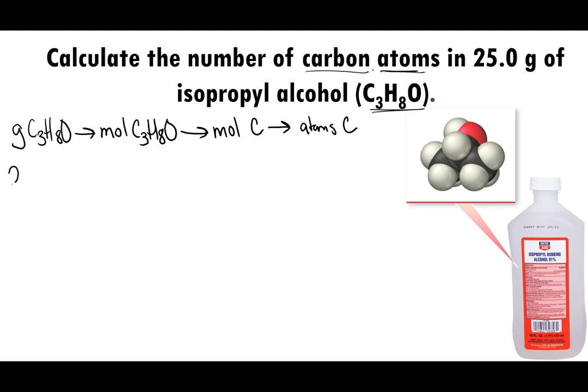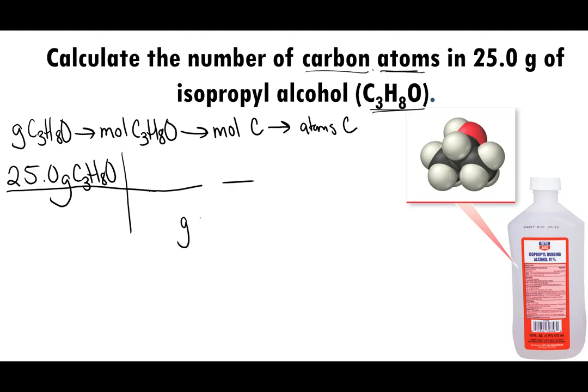So we start every unit conversion that ever existed, ever, with the measurement that was taken, so the 25 grams of isopropyl. First, we go to moles, so grams on the bottom. Moles on top.